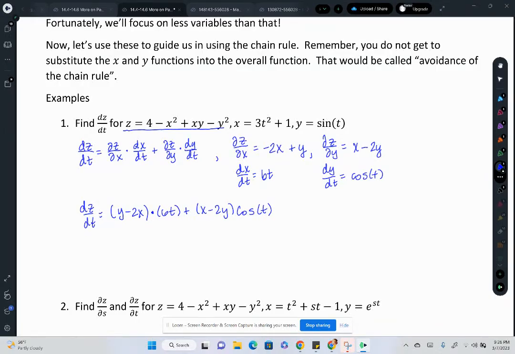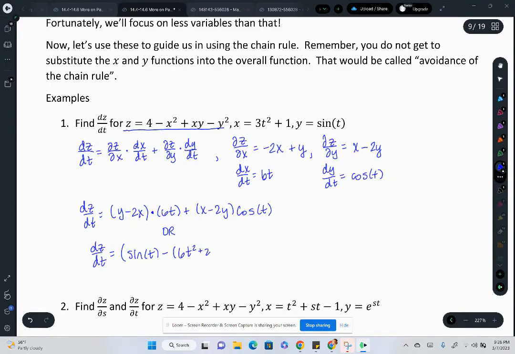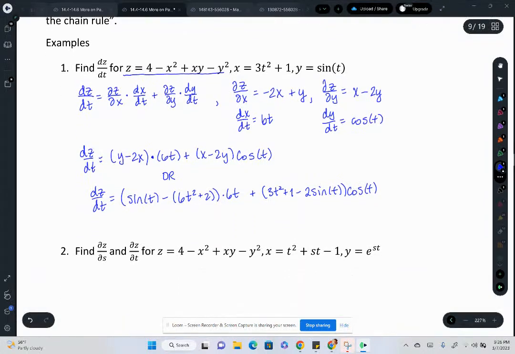If you were to go all the way, you could say dz/dt is equal to, in parentheses, y is sine of t minus 2x will give me minus 6t squared, plus 2 times 6t, plus, in parentheses, x is 3t squared plus 1 minus 2y, so that's minus 2 sine of t, all times cosine of t. It doesn't make it look any better, really. It's just fewer variables, okay? But either answer is technically acceptable.